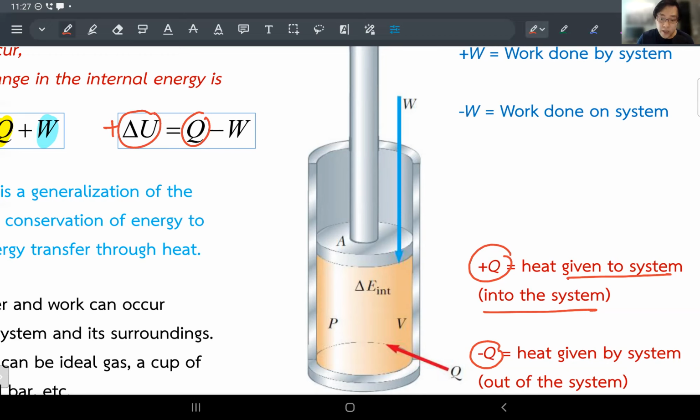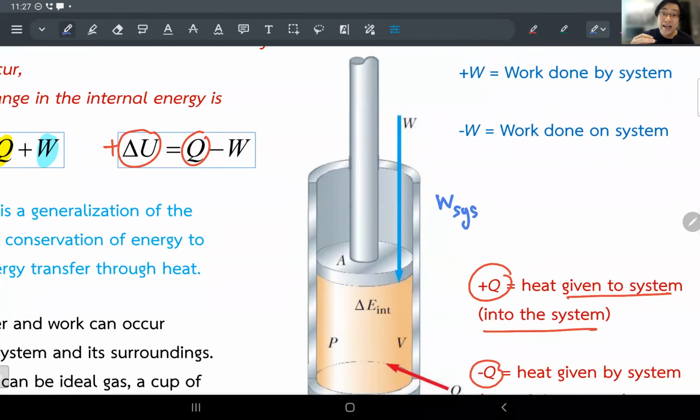If the W is the W of the system, then when you have a positive W, it means the system is doing the work. I am the system. If I am doing some work, my energy is supposed to be reduced.